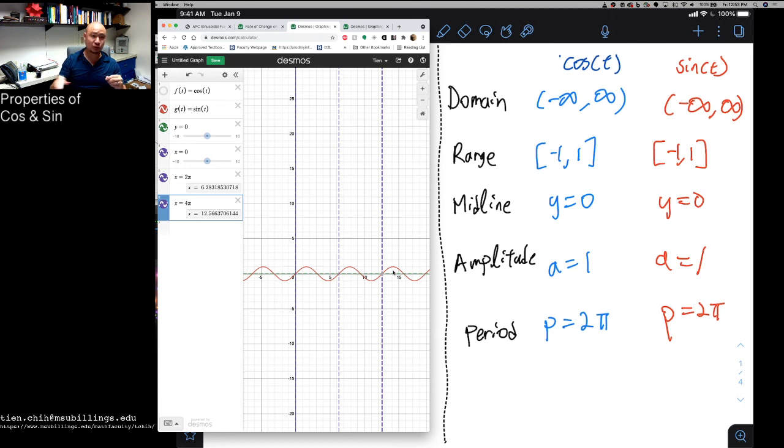And your period is 2 pi because every 2 pi units you start over and make another revolution. So they share those properties. Now, mind you, they're clearly not the same function. If I graph them side by side, there are different outputs for the same input. But they don't have to be identical functions in order to share at least this list of properties.